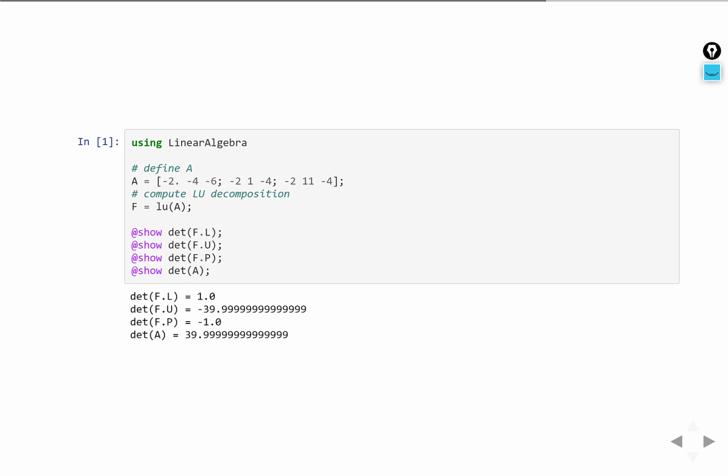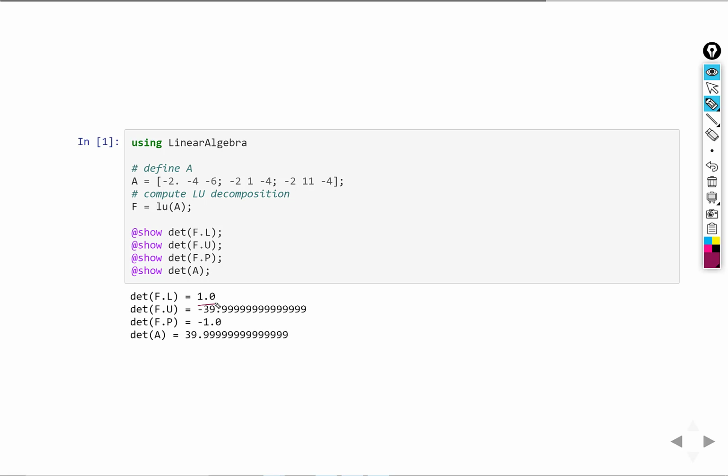Let's verify this in Julia. We define our matrix A, we compute the LU factorization and store it in the variable f. And here we see that the determinant of L equals 1.